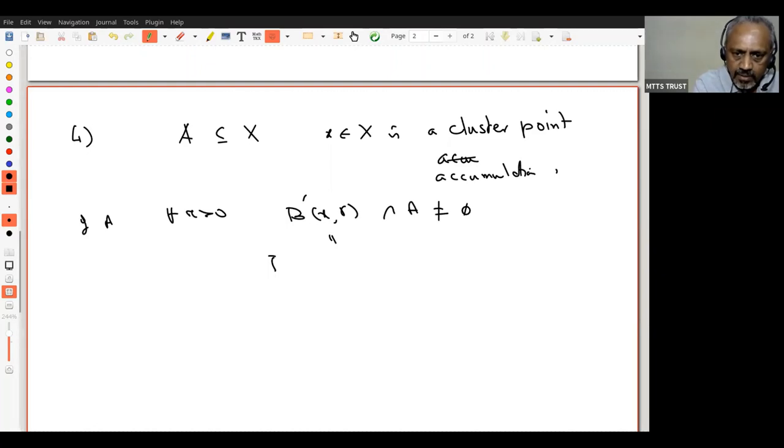This stands for the deleted neighborhood of x. That means from the open ball you remove the center. So each B(x, r) intersection A contains a point other than x. You may know a different name for this cluster point, accumulation point, but I don't want to say that because I'm not in favor of calling these points by that name.